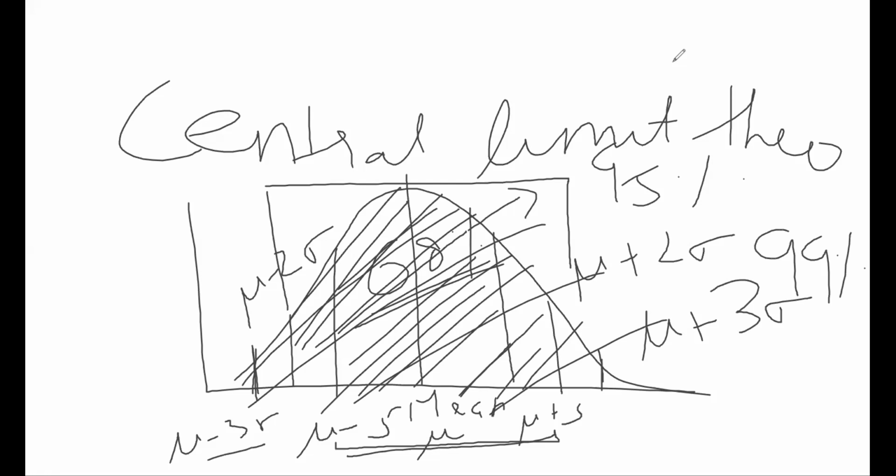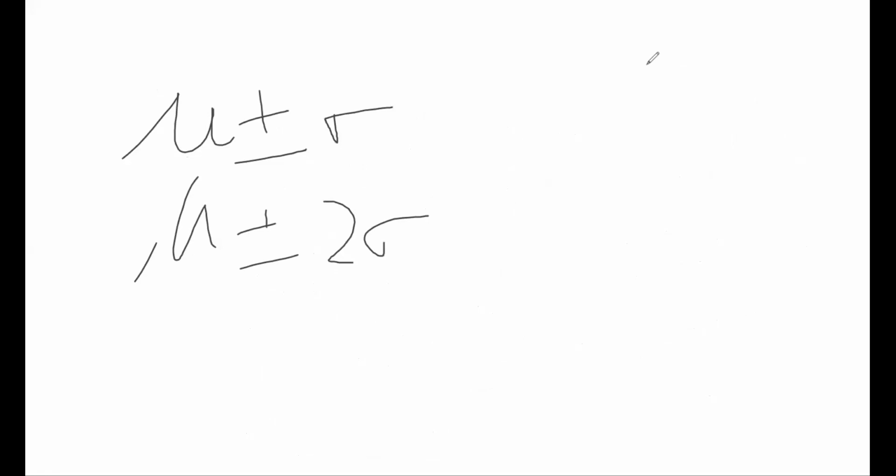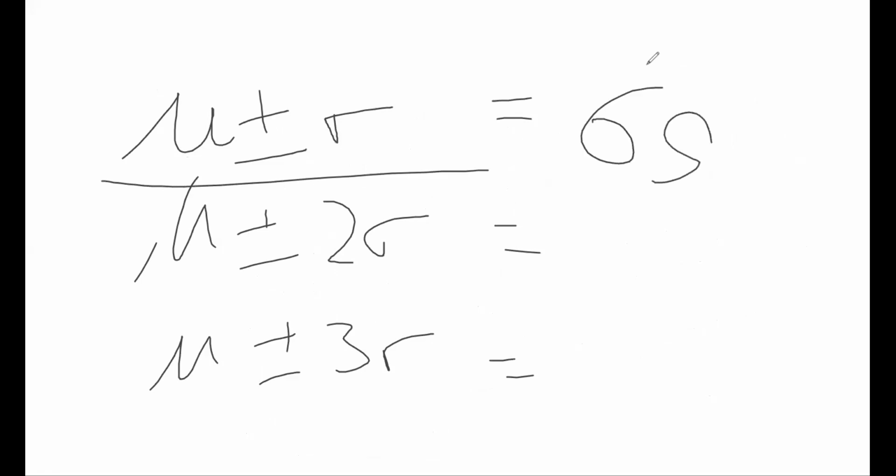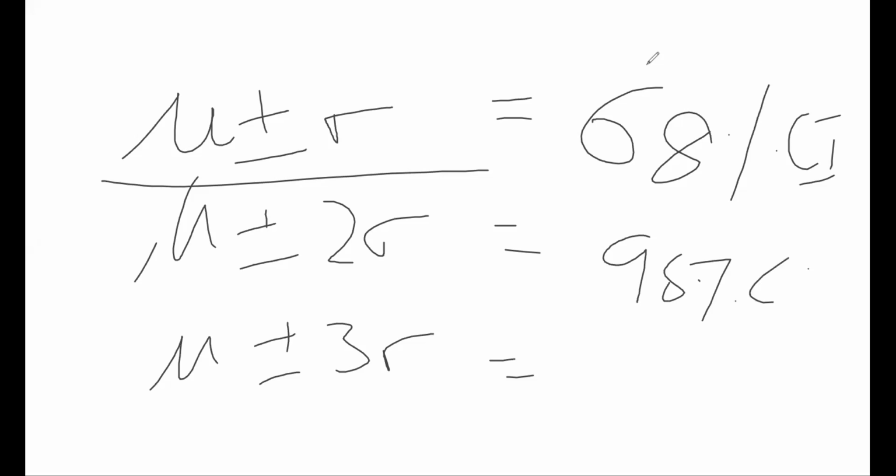So you should learn these values. If our range is mu plus minus sigma, we call it the 68% confidence interval. Mu plus minus 2 sigma is called the 95% CI, and mu plus minus 3 sigma is called the 99% CI.